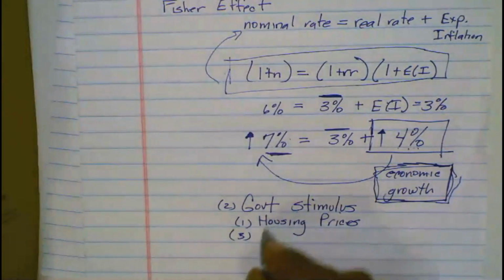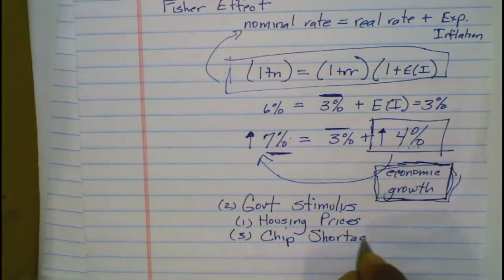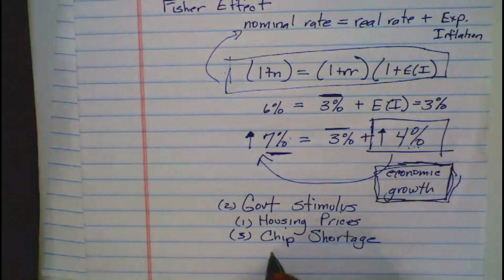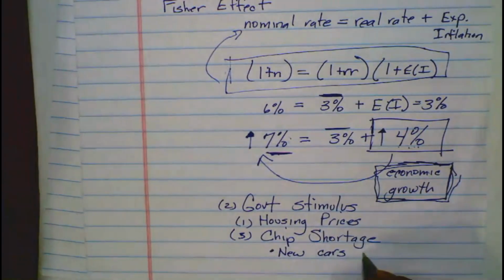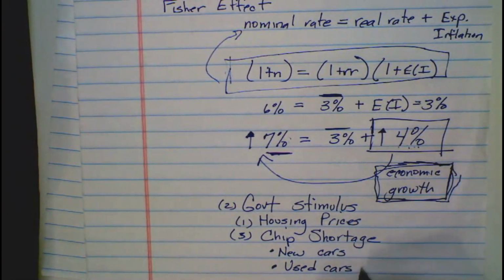Oh, one more thing. There's a global chip shortage, which is what's happened to new cars. Production has slowed down dramatically. But over the last 3 to 4 months, the used car market has exploded.